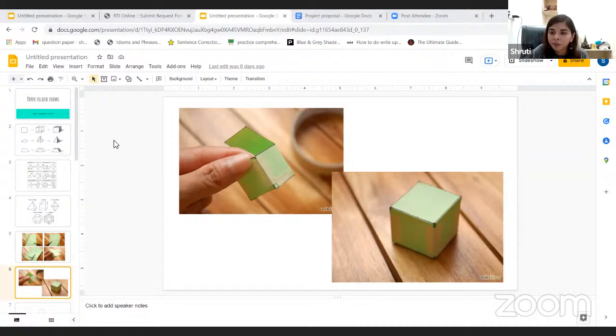Done. I can see you're almost done folding your paper models.